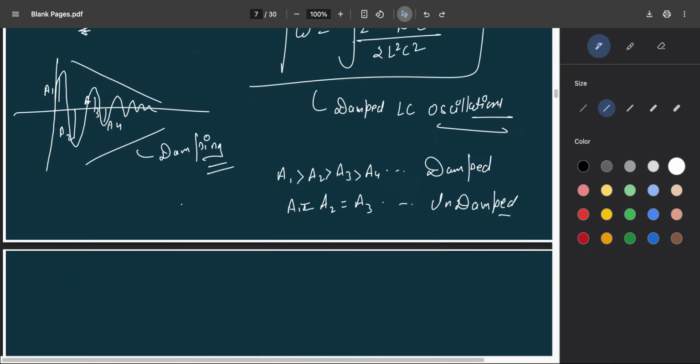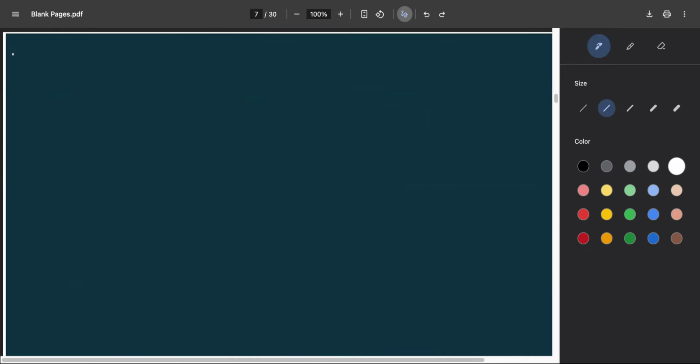Okay, so let's solve one problem. Assume this kind of frame is given. There is an inductor. It is in a vertical plane.